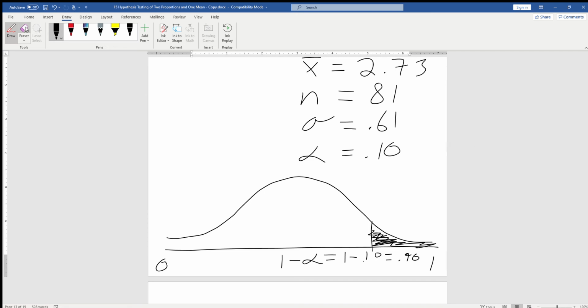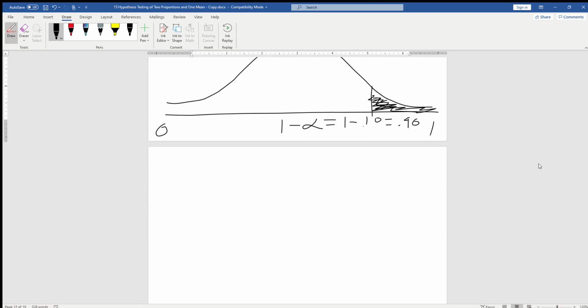So anytime we get a p-value that's greater than 0.9, that's going to be a reject. Anytime we have a p-value that's less than 0.90, that's going to be a fail to reject.